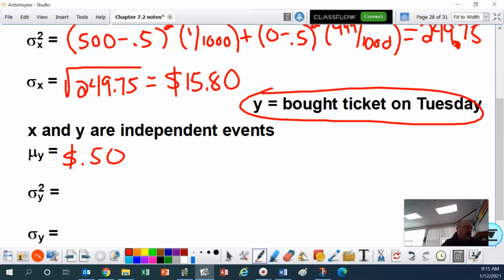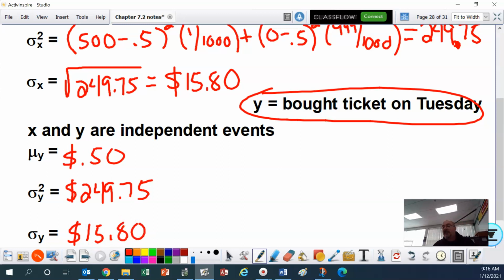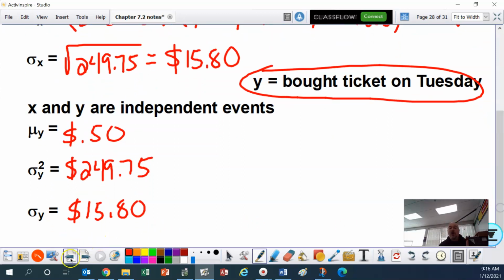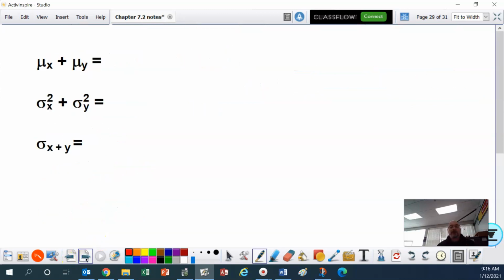The variance is still going to be $249.75, and the standard deviation is going to be $15.80. So it's the same on Tuesday as it was on Monday, right? Yes.